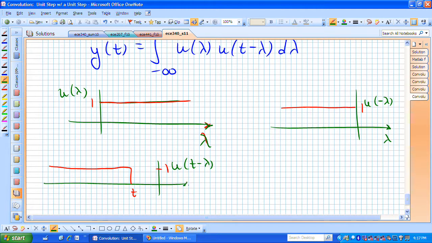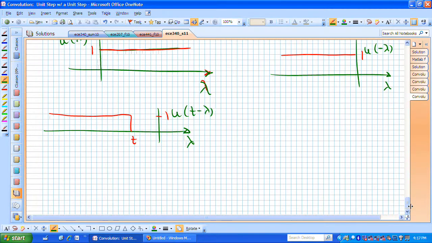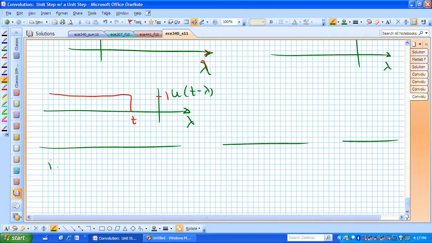Again, our variable of integration is lambda, and we will use this adjustable parameter t to slide u of t minus lambda through u of lambda. Let's now look at the overlap patterns that will allow us to perform this integration.